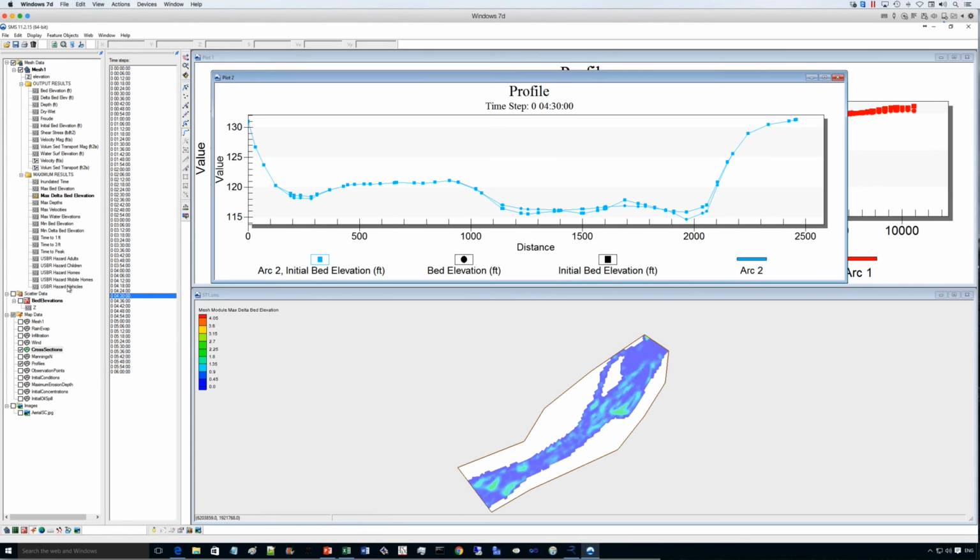So hopefully this gives you a general idea of what you can do with the model. And again, I have used actual data and an actual model setup here from scratch. So once you master the user interface, it's not difficult to set up a model for sediment transport simulations.